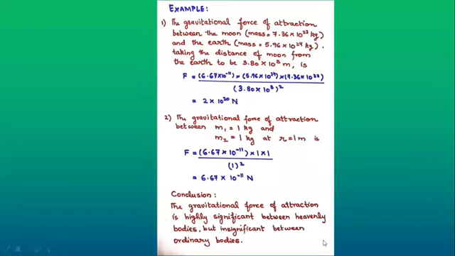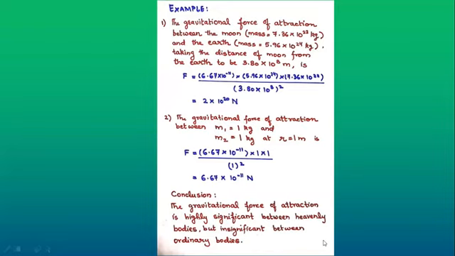Let us calculate this gravitational force of attraction between the moon and the earth. Let us see how much the magnitude of the force is. We know that our formula is F is equal to G m1 m2 upon r square.